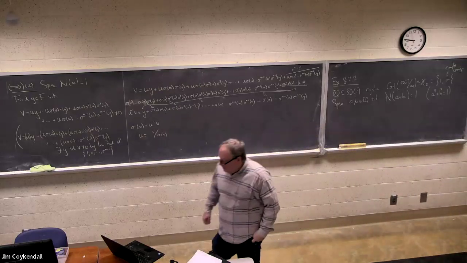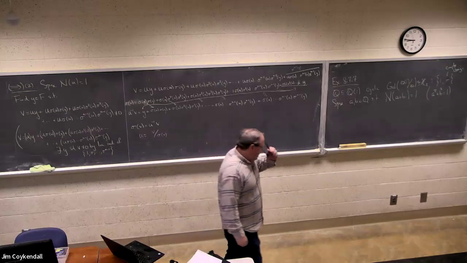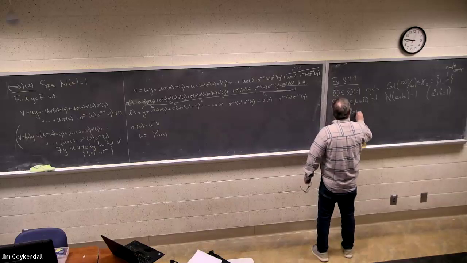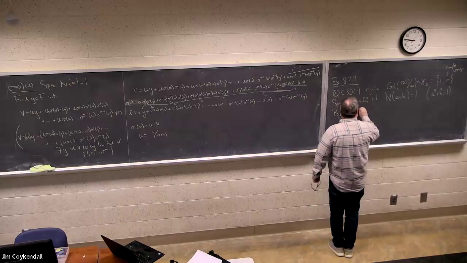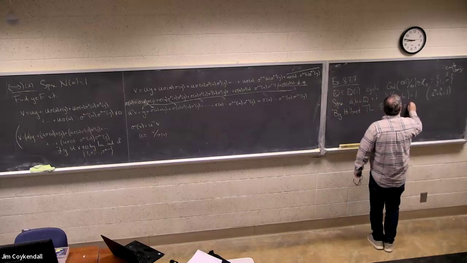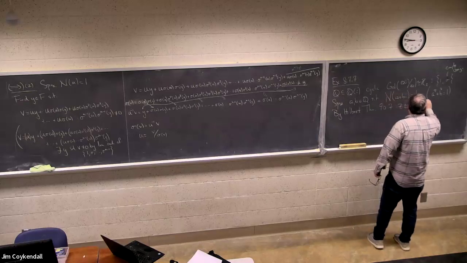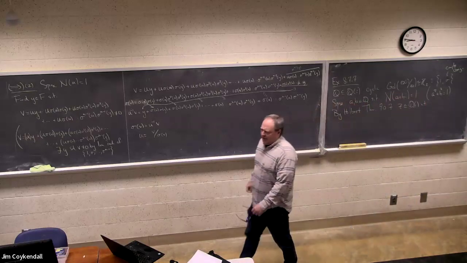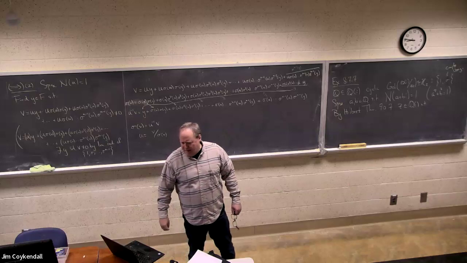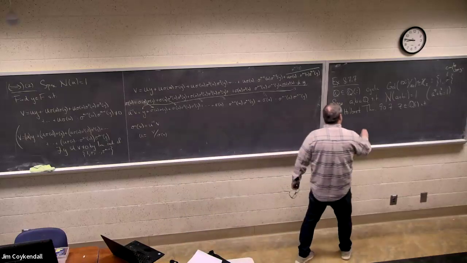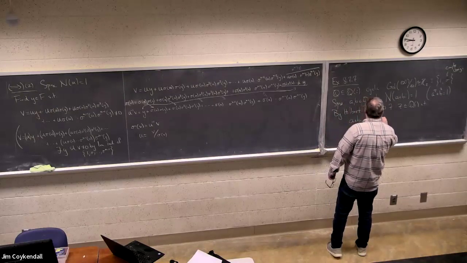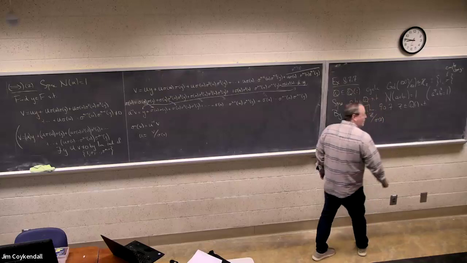Now, according to Hilbert's theorem 90, there exists a Z in Q(i) such that a plus bi is Z over sigma Z. Agreed?